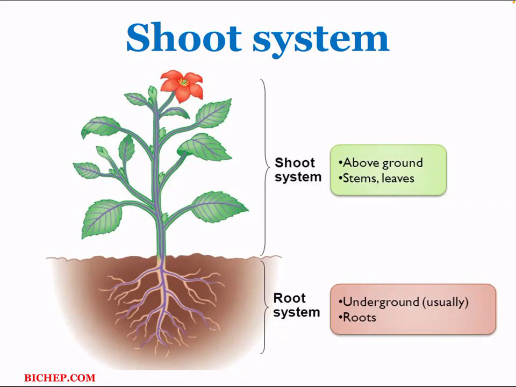It is upholding it, giving mechanical strength so that the plant can withhold its own position, withstand for a long time, and maintain its entire life cycle, holding tightly with the soil. So that's the function of the root system.